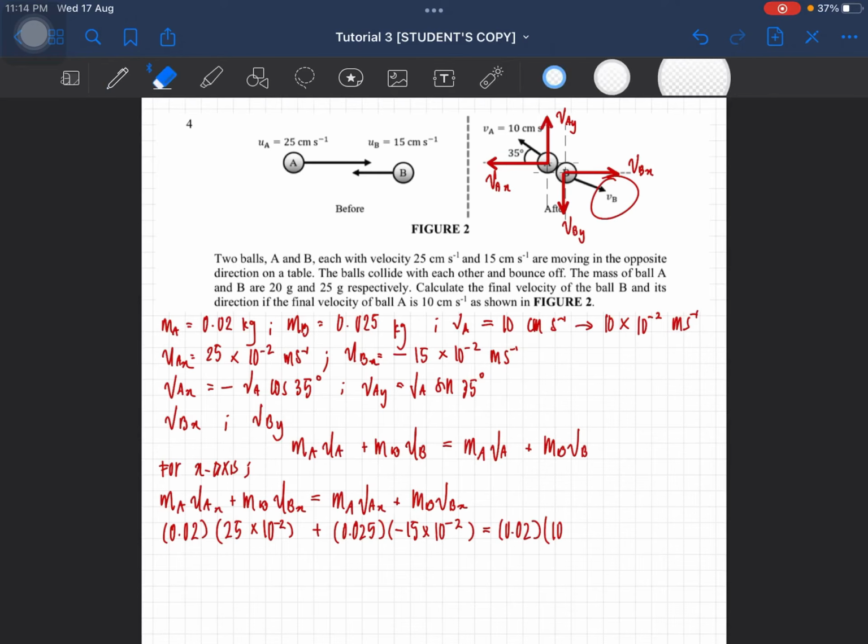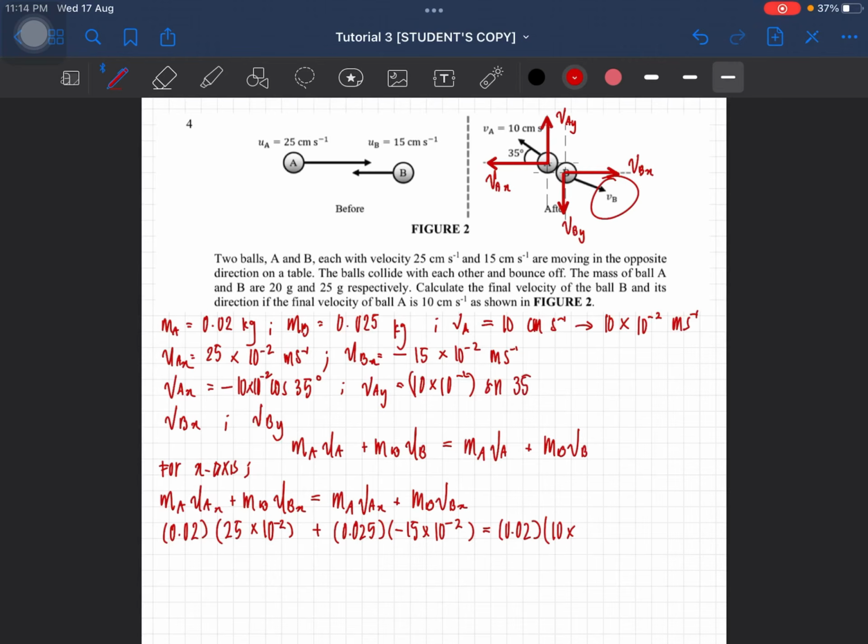I should just write down 10 so you don't forget. Where did I get 10? It's from here, it's given. It should be 10 times 10 negative 2. Don't forget it is centimeter.